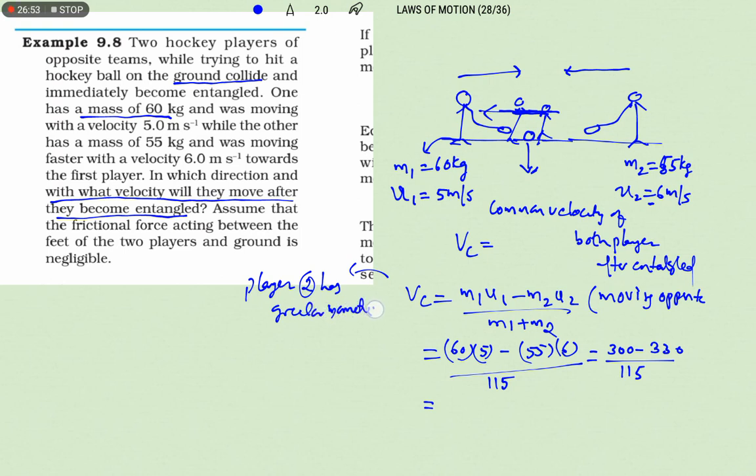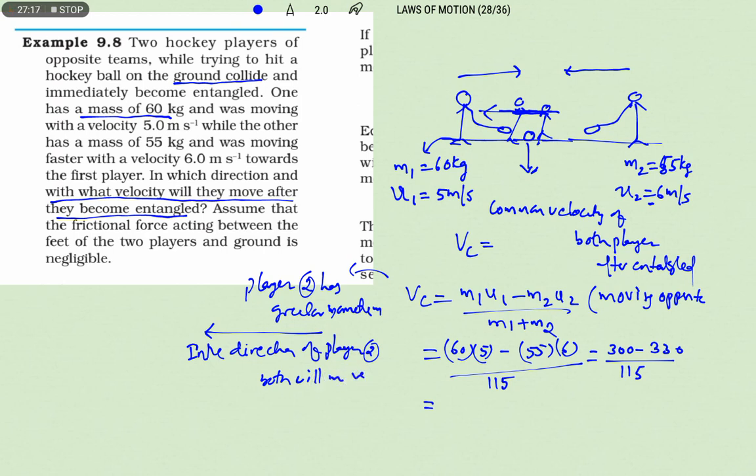So we know that in whichever direction the momentum is greater, in that direction the object will move. So we are going to get the direction in which they are moving. So in the direction of player 2, both will move.